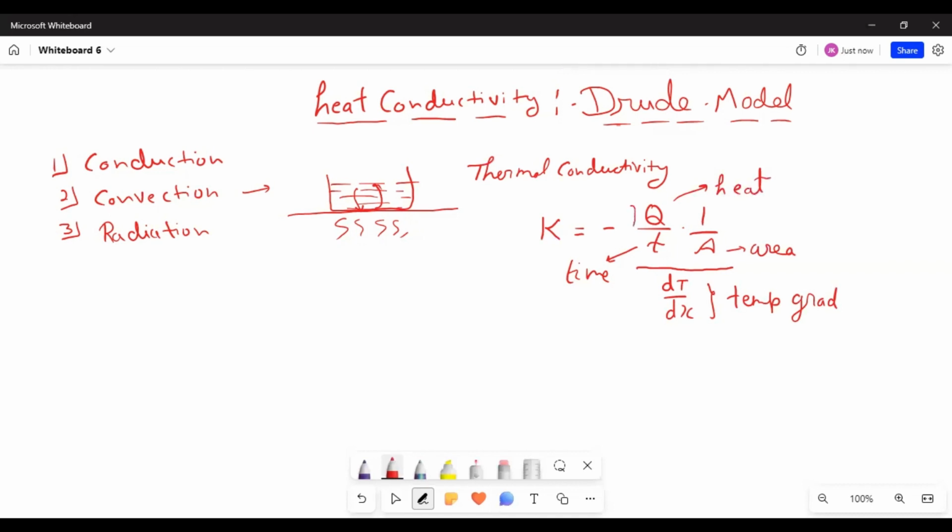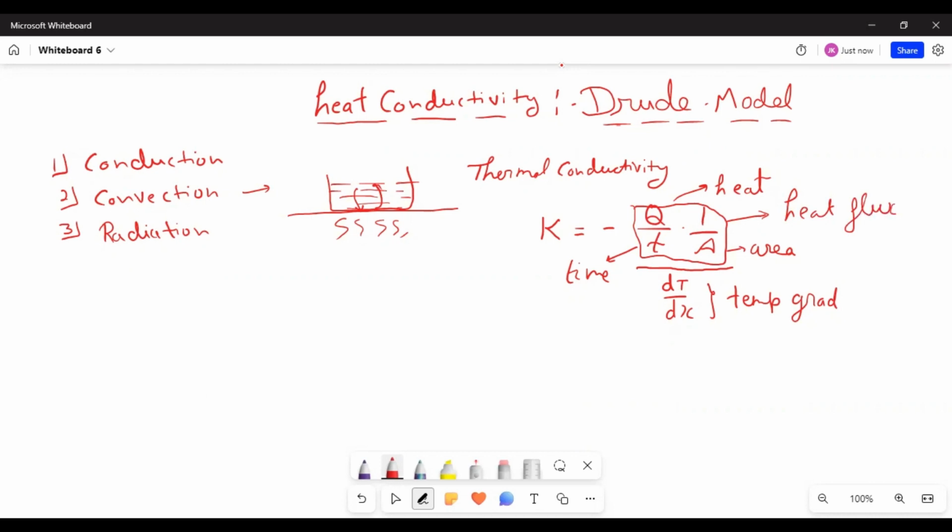Now this heat per unit time per unit area, we define it as heat flux. Right.